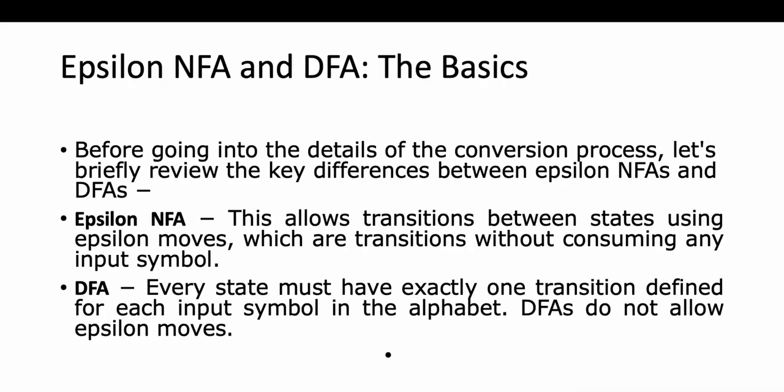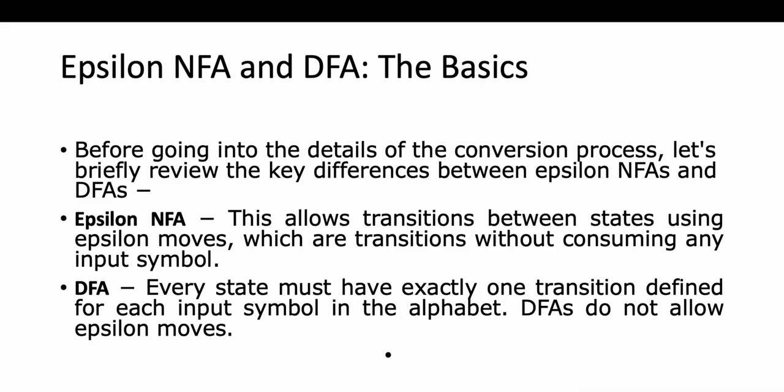Before going to that, let us review what epsilon NFA and DFA are. Epsilon NFA allows null transitions or epsilon moves, meaning without taking input from one state we can go to any number of states on empty input.